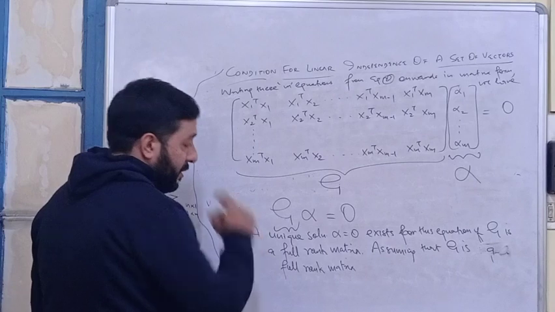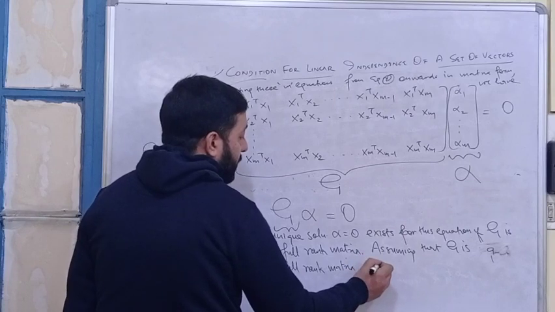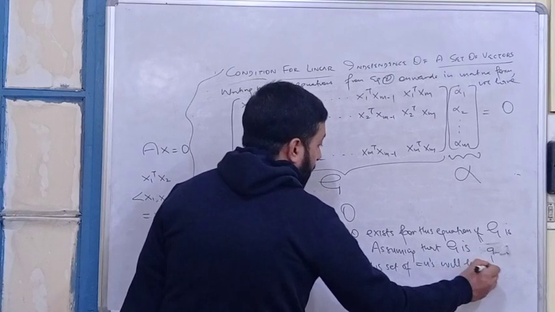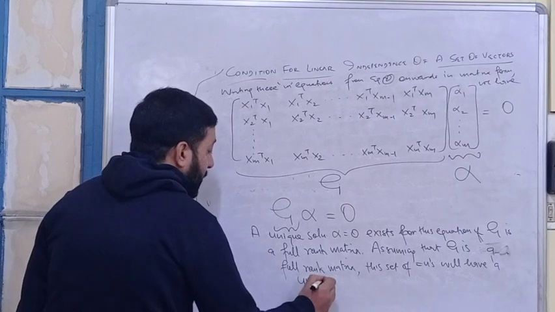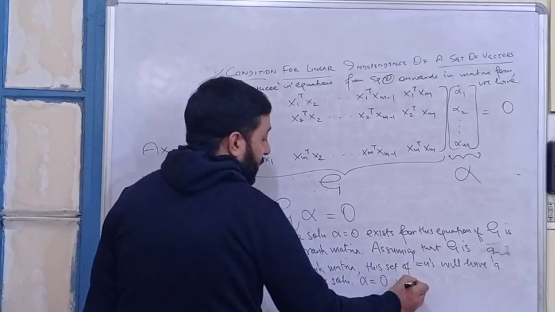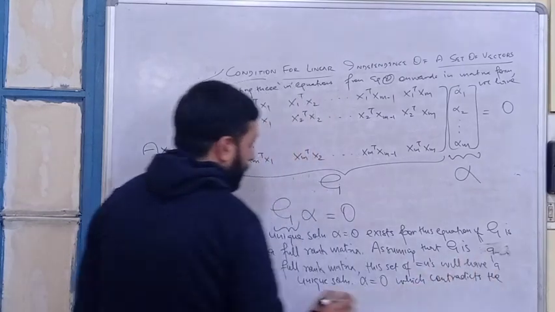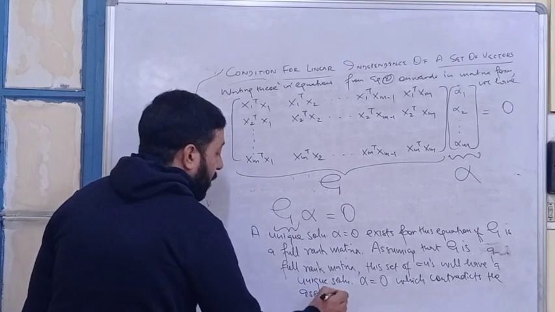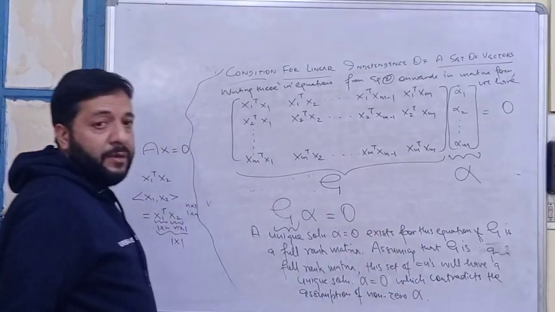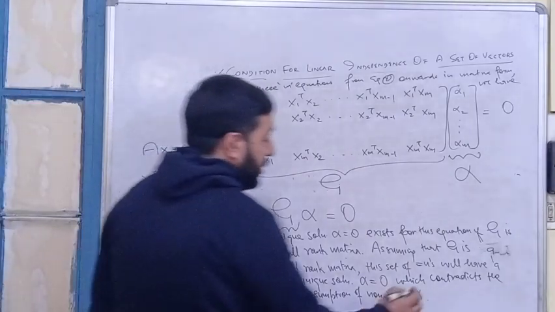Assuming that G is a full rank matrix, this set of equations will have a unique solution alpha equal to 0, which contradicts the assumption of non-zero alpha.